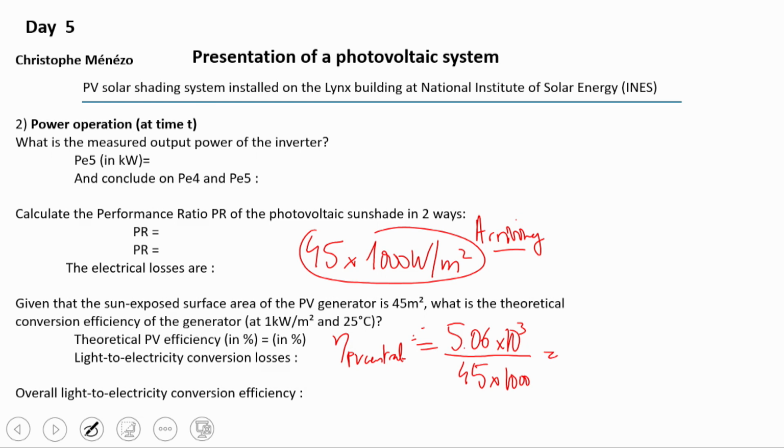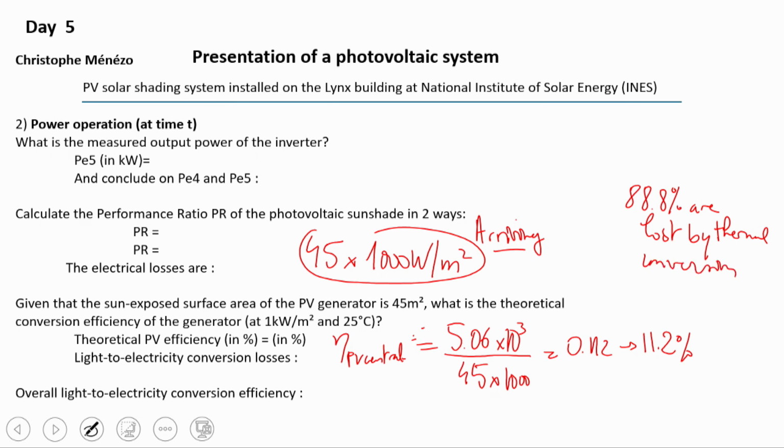Okay, so we find 0.112. So that means that 88.8 percent are lost.